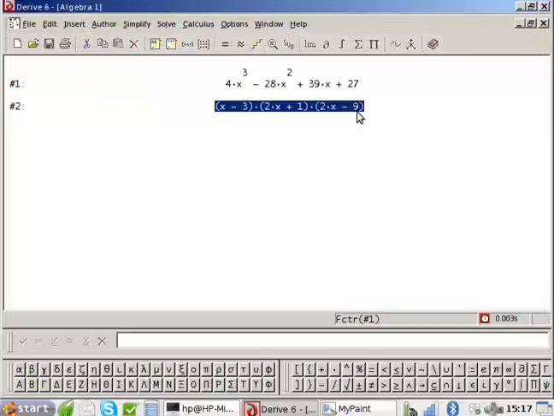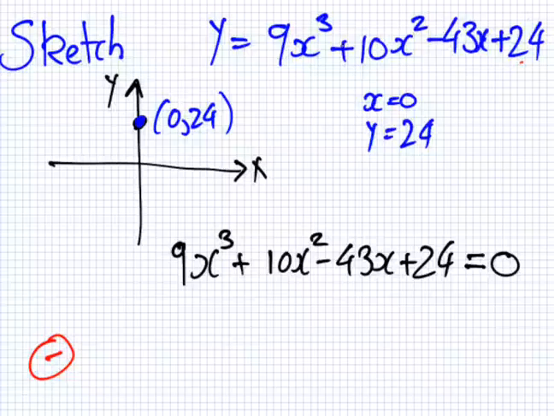Secondly, if we go back to this one here, let me just delete these for a second. Can you see this 27 here? If you look at the numbers at the back, 3, 1 and 9, they all divide into 27. Of course they do, because 27 is 9 multiplied by 1 multiplied by 3.